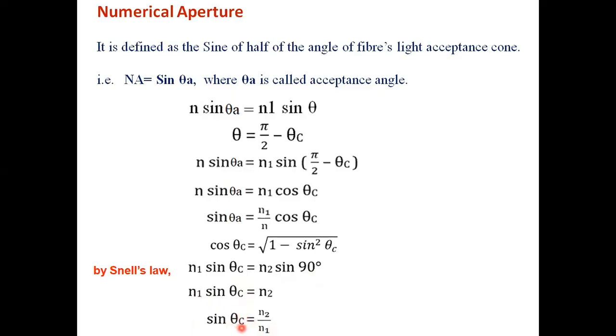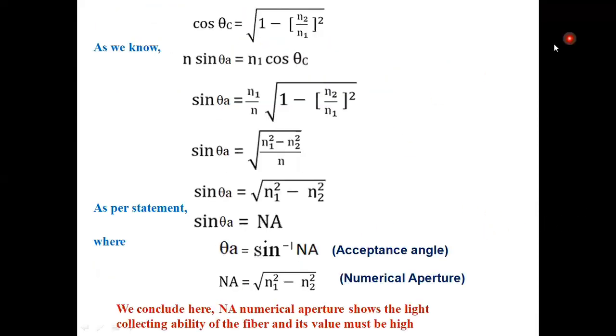Now, this sin theta c can be substituted in the cos theta c expression. Already we have cos theta c equals square root of 1 minus sin squared theta c. If we substitute sin theta c, we get cos theta c equals square root of 1 minus n2 by n1 whole squared.